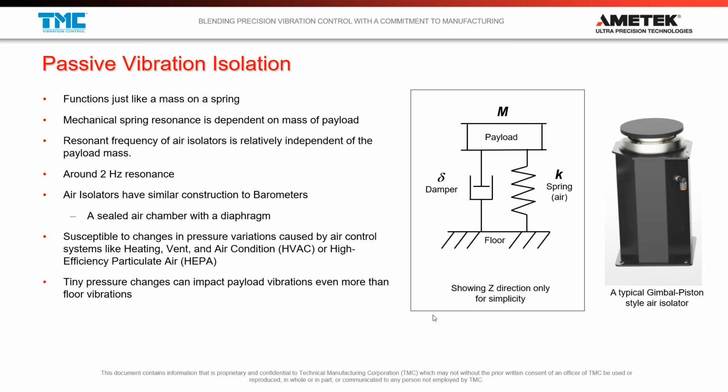Well, these pressure changes can actually cause the gas in your air isolator to want to expand or contract to match the pressure outside. So it's going to want to expand, and that can actually induce vibration. So there's a weakness there with these air isolators that you've got to watch out for.